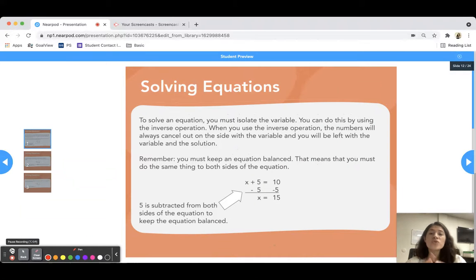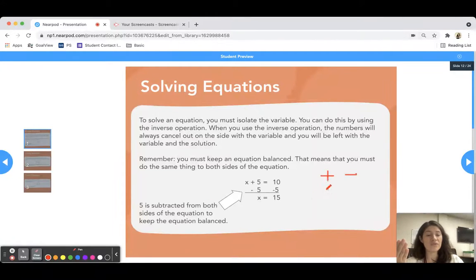Okay, guys, so to solve an equation, you must isolate the variable. Isolate means that you grab that symbol, that letter that you don't know, and you're going to figure out the value, just that variable by itself. So just the letter by itself, what does that letter represent or mean? That's what isolate means. When you use the inverse operation, remember, if we have addition, we're going to do subtraction.